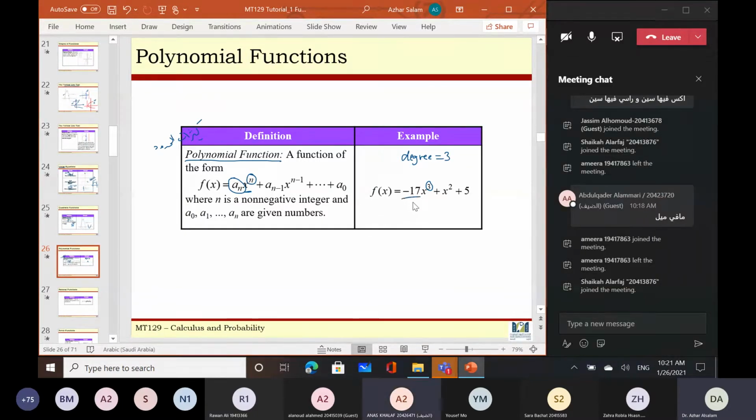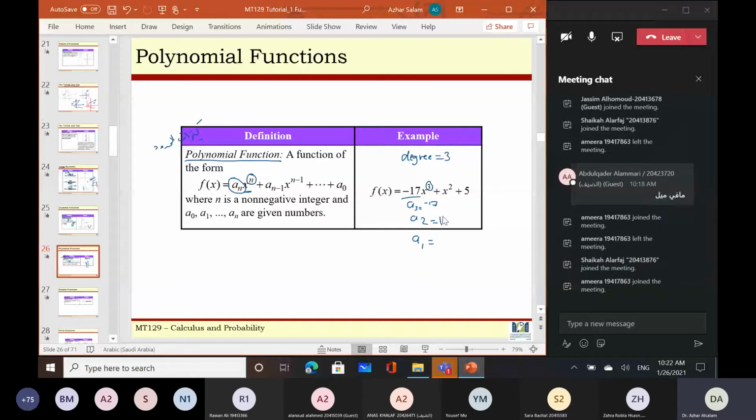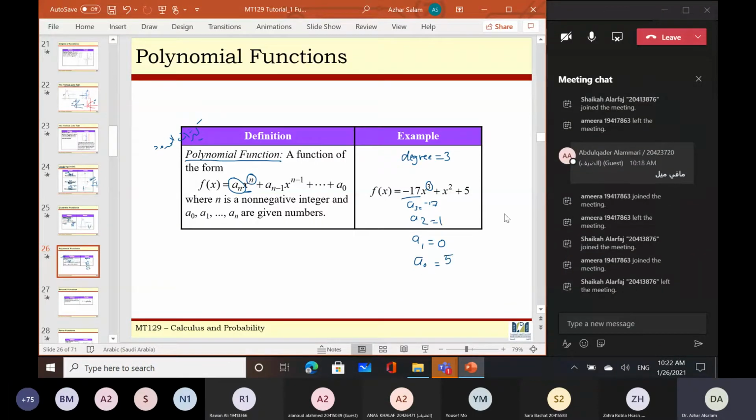Here a3 equals minus 17 and a2 equals 1. a1 is the coefficient of x to the power 1. I don't have x to the power 1 here, so it's 0, okay? And a0 is the constant term, which is 5.